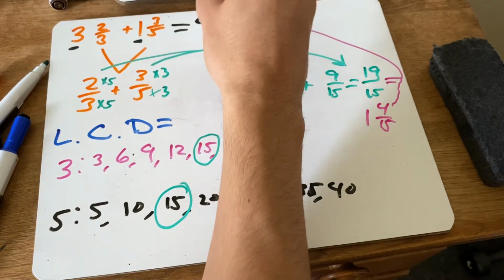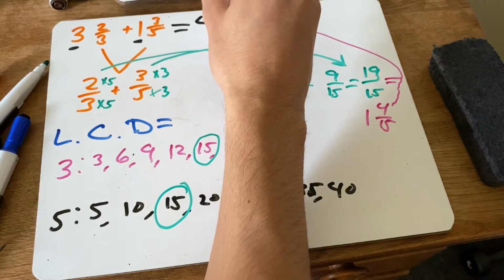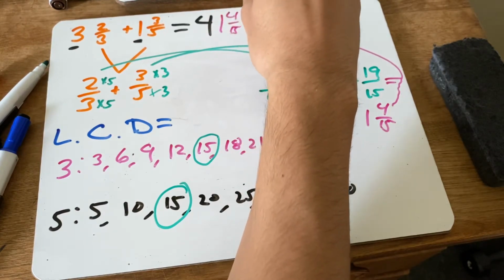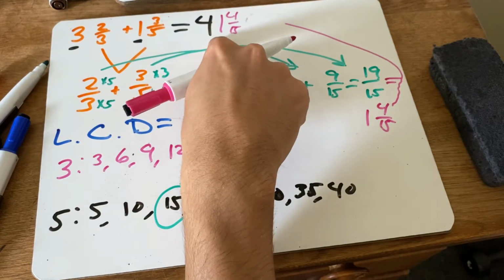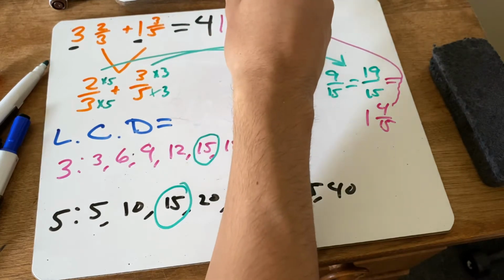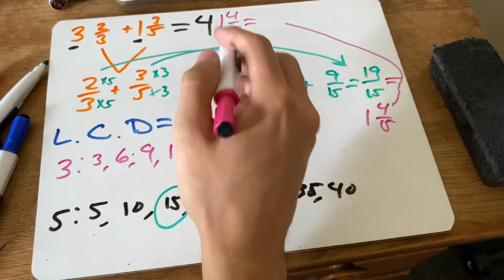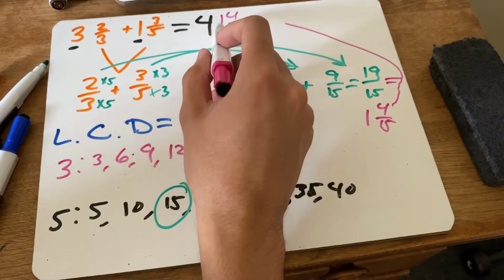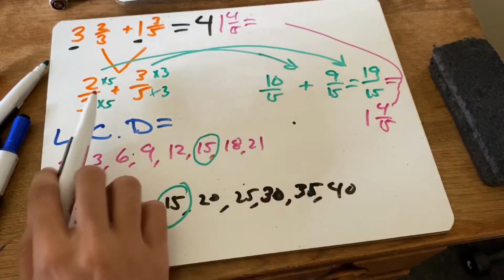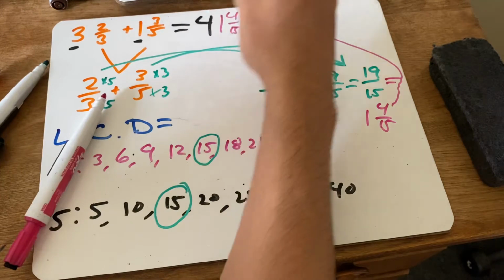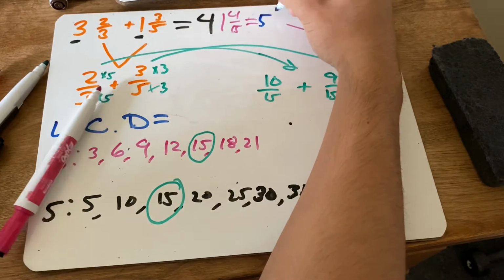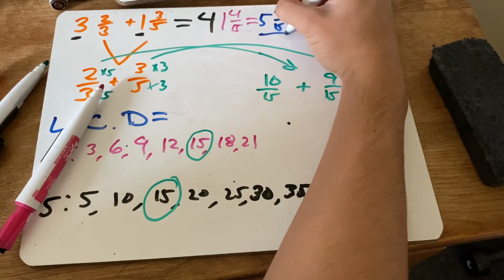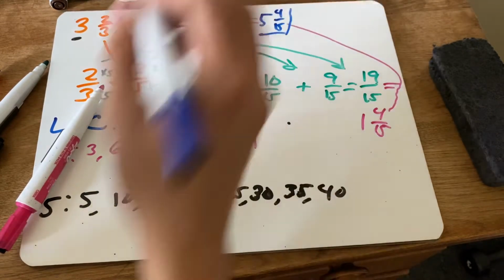So we have one whole, 4 over 15. Now we have to combine 4 wholes and then one whole and 4 over 15. So that'll just give me 4 plus 1, 5. And then our fraction 4 over 15. So 5 and 4 over 15, and that is our final answer, okay?